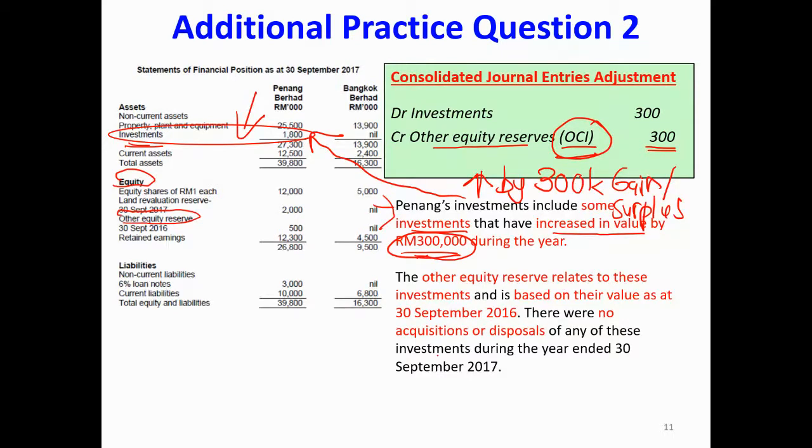The last part here, this whole information is actually a trick question as well. You're not required to do any adjustment because they say that the other equity reserve relates to investment. There is no acquisition or disposal during the year. So what you do is you ignore the whole sentence there.